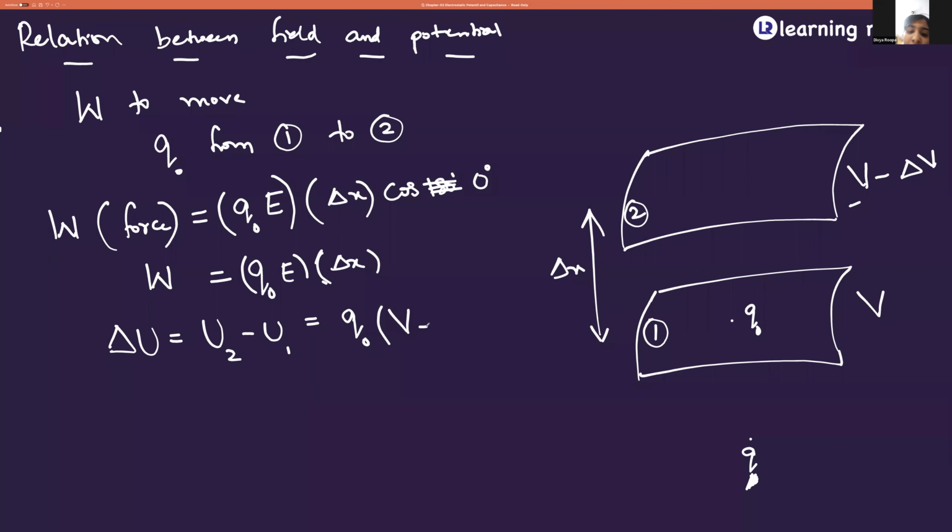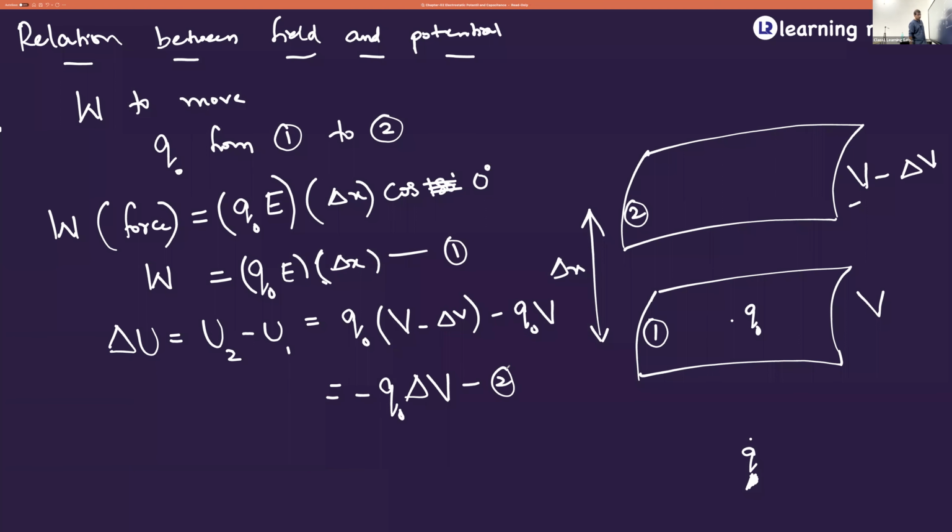So Q naught into V minus delta V, minus initial potential energy, which is Q naught into V. So V and V will get cancelled. So what you're left with is minus Q naught into delta V. Am I clear with this? Minus Q naught into delta V. Let me call this equation number 1. Let me call this equation number 2.